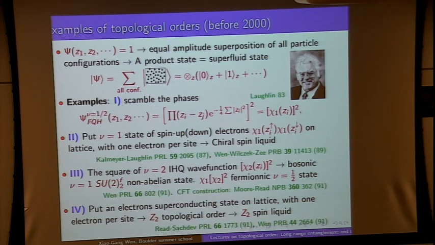Oh, I see. Yeah, this is okay. That's certainly possible. Suppose we believe this wave function is a topological order, but this is probably easy to say. That's just a two integer quantum Hall state.